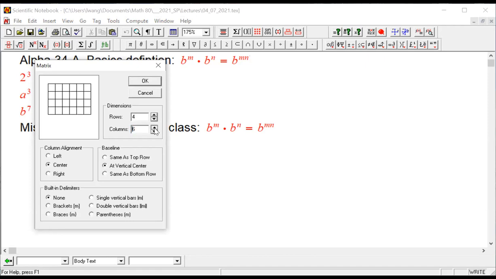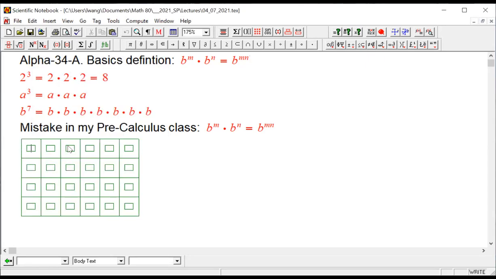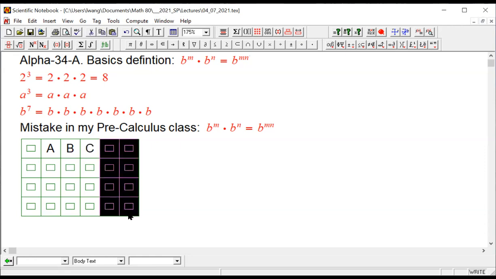I have A, B, C, so hopefully you guys will work with me. Please work with me. I didn't have more than that, so just the 4 columns.